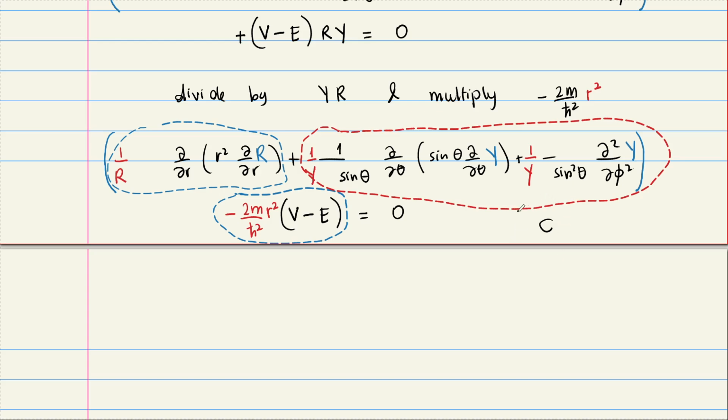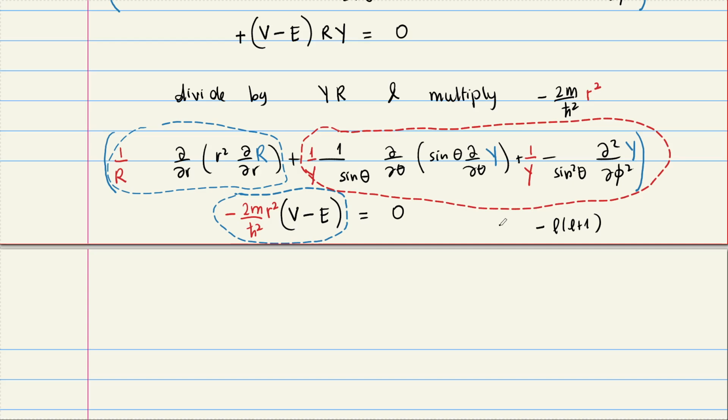We call this C minus L times L plus 1. This is also another constant. But since people have been solving these equations for like hundreds of years, literally, they give intelligent names to constants. And we are going to find this L is going to be integer at the end. But at the moment, you don't have to assume that.